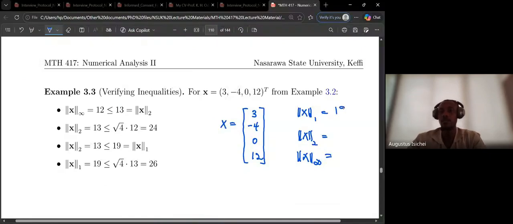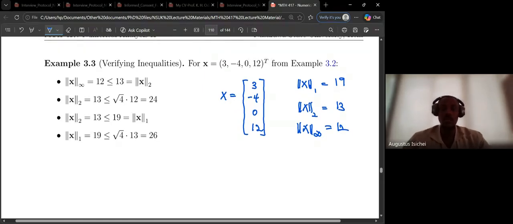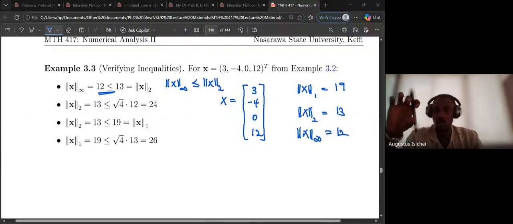Let's write them down here: 19, 13, and 12. Okay, starting with the infinity norm, which is 12. Obviously 12 is less than or equal to 13. That is, the infinity norm is less than or equal to the Euclidean norm. That's the conclusion here. By the values we've computed, these are obvious. We're not working with arbitrary numbers now, we're working with a specific example.